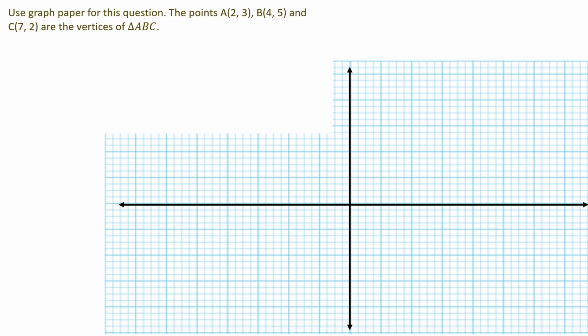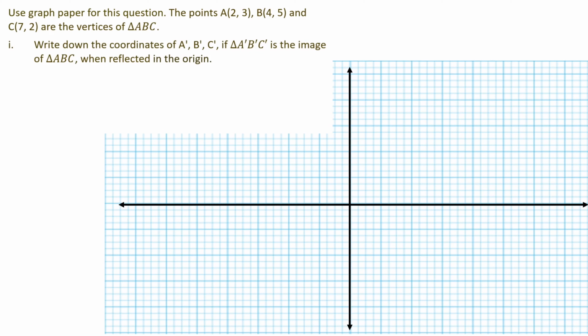Another question says that use the graph paper for this question. The points A (2,3), B (4,5) and C (7,2) are the vertices of triangle ABC. First we need to write down the coordinates of A dash, B dash and C dash if the triangle A dash, B dash, C dash is the image of triangle ABC when reflected in the origin.